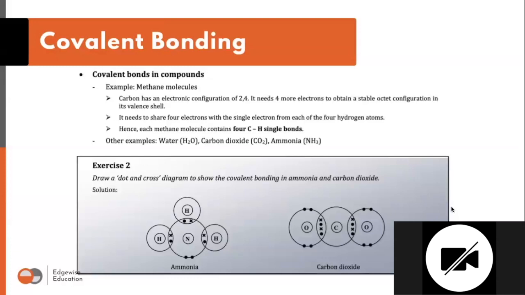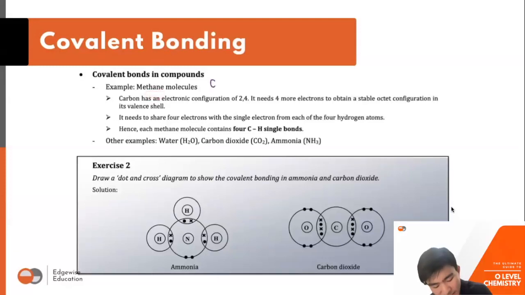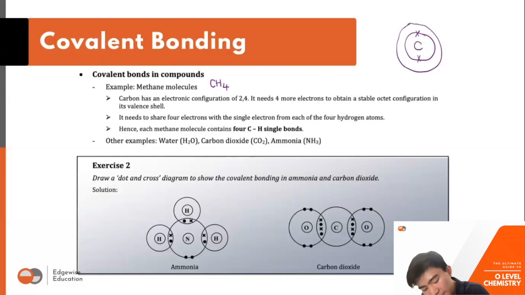For example, the methane molecule. Methane has the structure CH4. What is going to happen is that carbon has a structure of 2, 4, and hydrogen only has 1 electron.